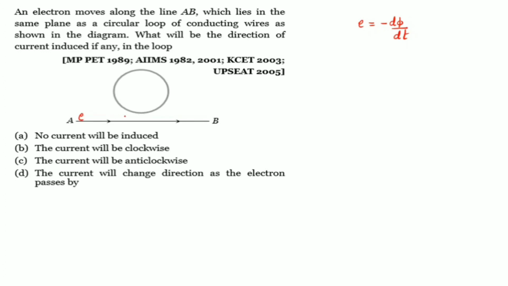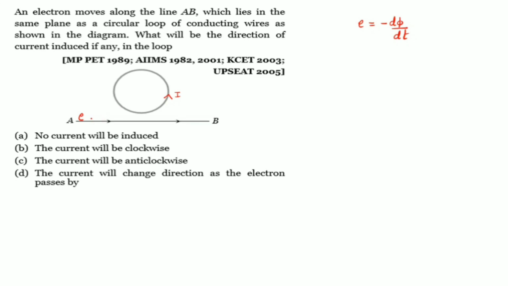When it starts to move, initially it is towards the circular loop. When it is towards the circular loop, magnetic flux increases because it is very close to the circular loop. So magnetic flux increases, induced EMF takes place, current is produced. Now that current is moving in anti-clockwise direction.